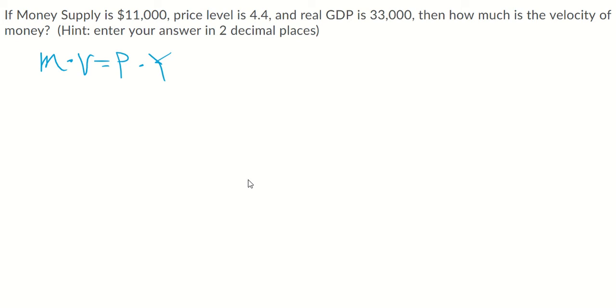All you're going to do is put numbers in there and look for the missing variable. So money supply is 11,000, times velocity, which we don't have, so we're looking for velocity. Price level is 4.4 times your real GDP, 33,000.